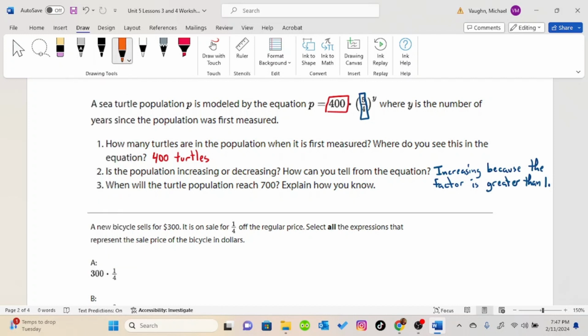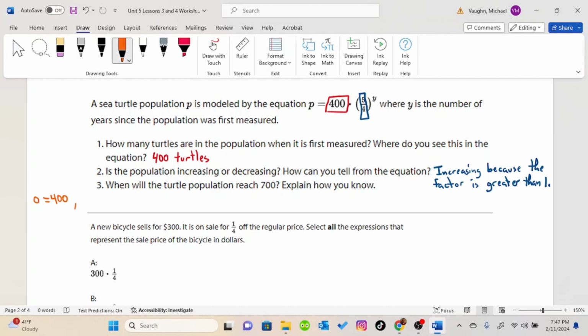And number 3, when will the turtle population reach 700? Explain how you know. So we know that after 0 years, it equals 400. That's the initial population.